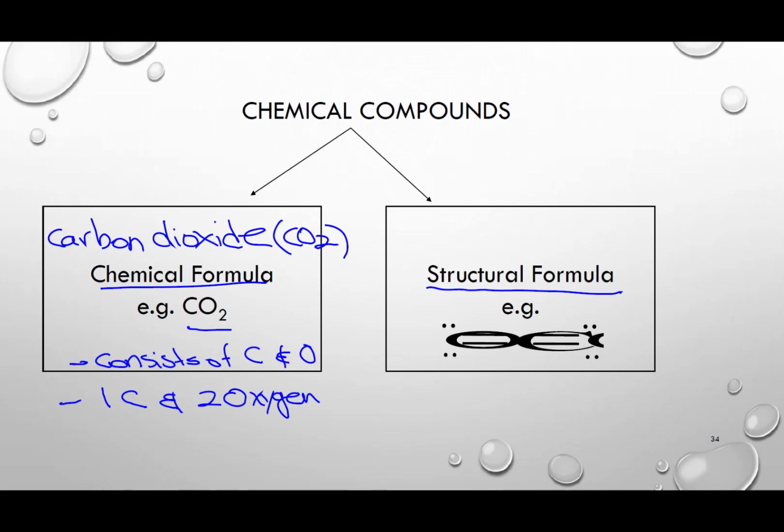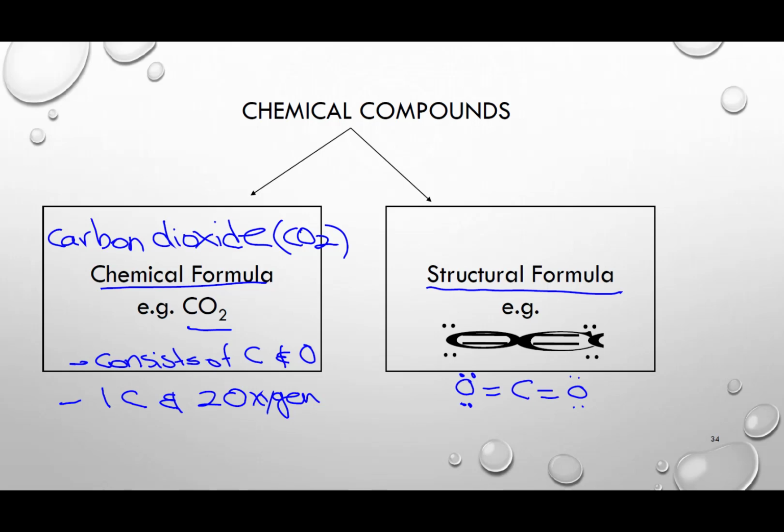Structural formula gives you all the information that you need. Okay? It tells you that this compound consists of carbon and oxygen. It tells you it has 1 carbon, 2 oxygen, but it gives you a lot more information. It tells you all about the bonding, how these atoms are bonded to each other.